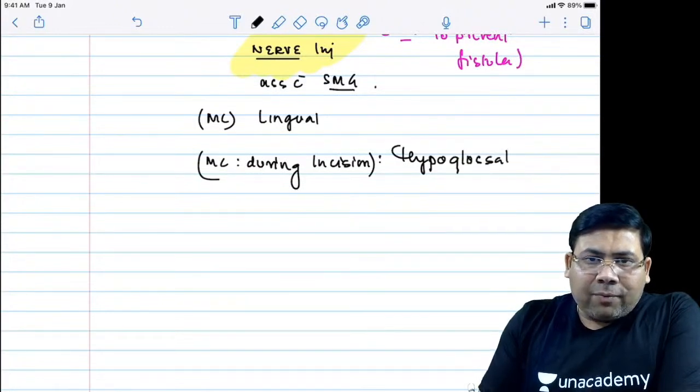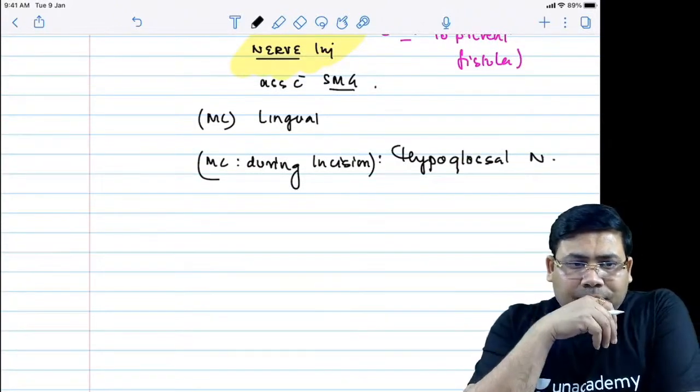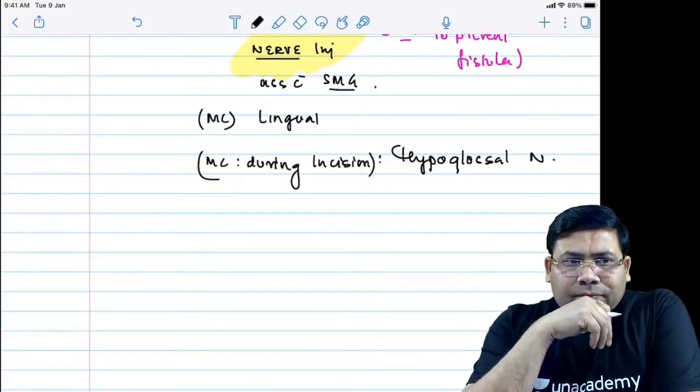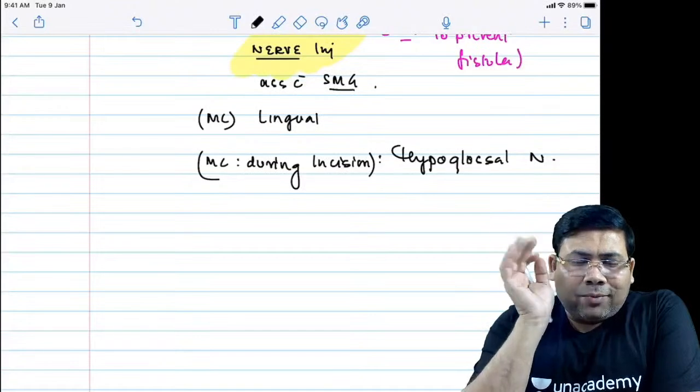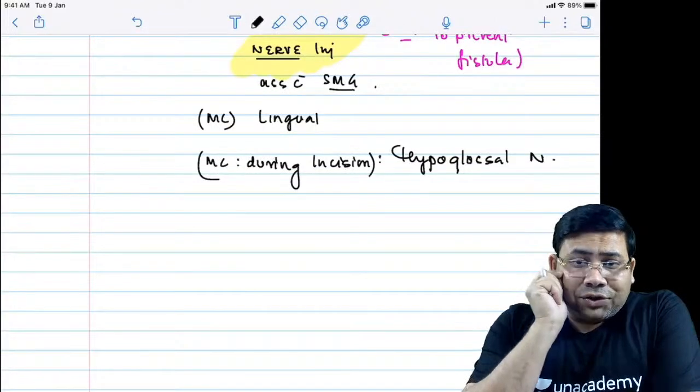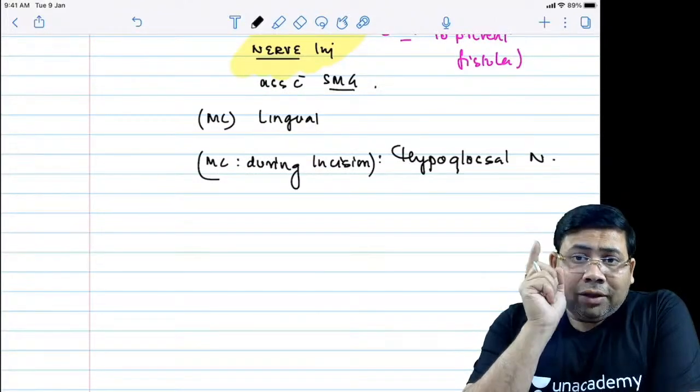Where else do you have to remember hypoglossal nerve injury? Have you heard of Lyre sign of chemodectoma? Chemodectoma, Lyre sign, paraganglioma at the carotid bifurcation? There also.